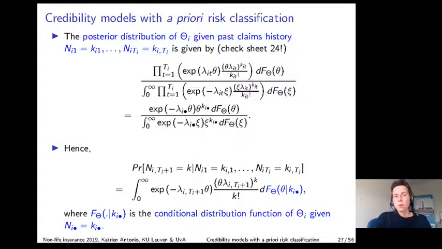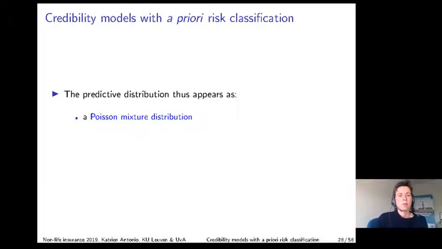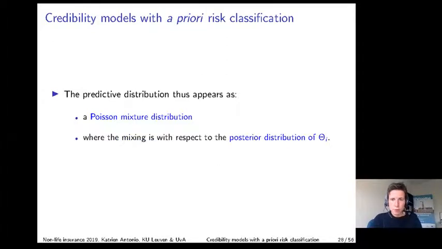Now, recall from our course on risk modeling in insurance that we discussed there the use of Poisson mixtures. And what we learn here on the previous sheet is that the predictive distribution of the number of claims in the next time period, given the claims reported in past periods, is a Poisson mixture, where the mixing distribution is now the posterior distribution of theta I. This ends our introduction of the Poisson credibility model.